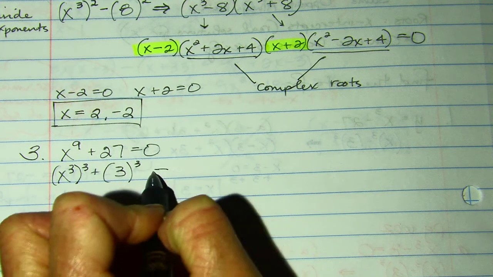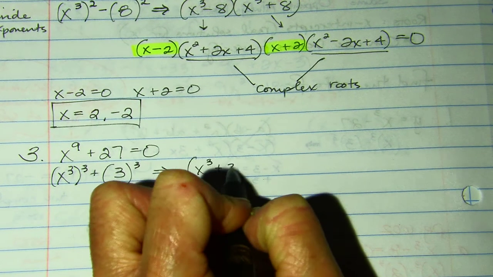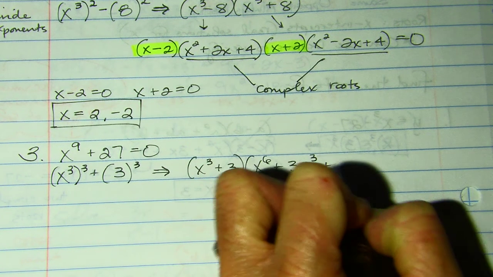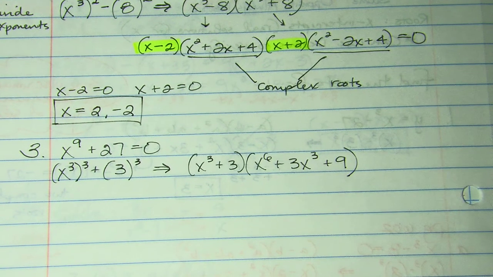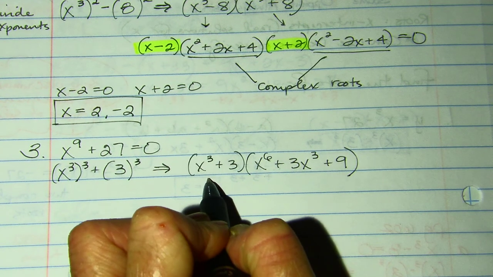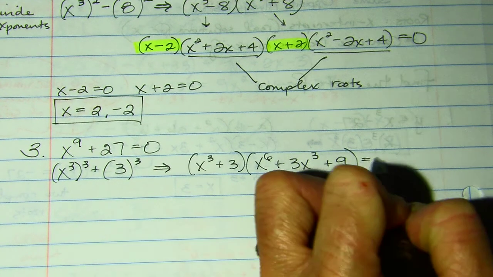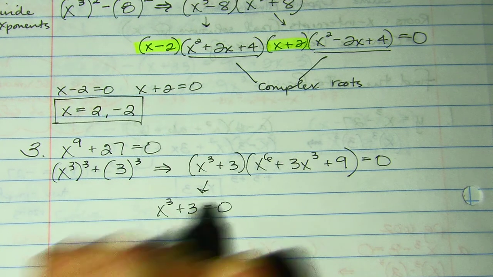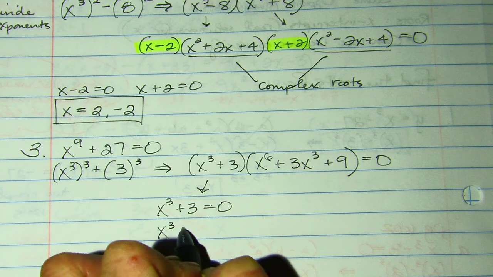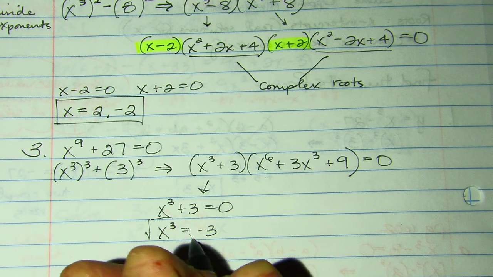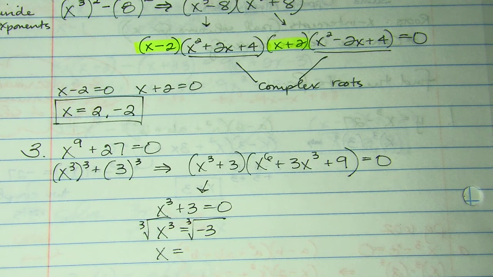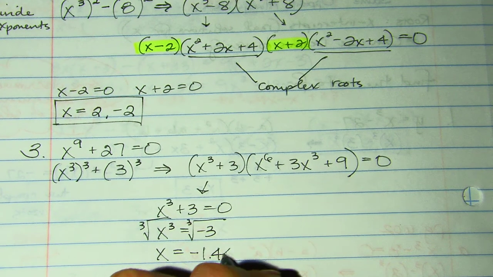And so my factors would be x cubed plus 3, x to the 6th minus 3x cubed plus 9. So using Desmos, I would find the solution to this one, or just simply set it equal to 0. So x cubed plus 3 equals 0. So x cubed equals negative 3. Take the cube root. And using my calculator, the cube root of negative 3 gave me negative 1.44.